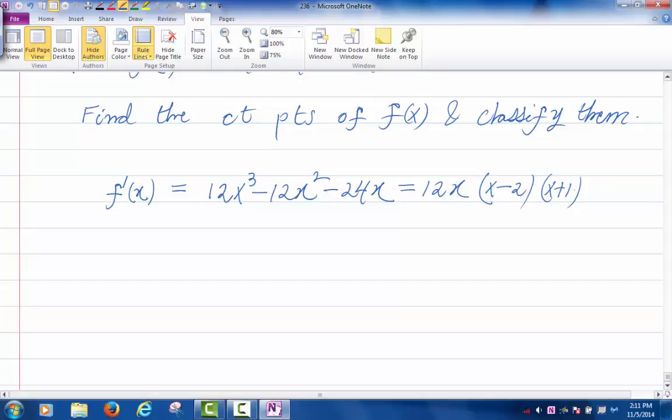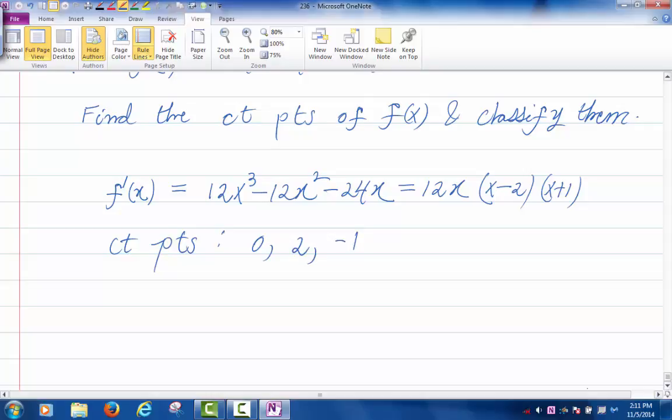So we factored it out in this way. And so the critical points are what? The critical points are 0, 2, and negative 1.